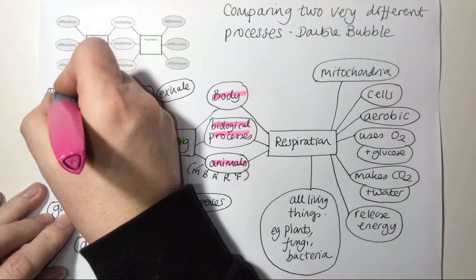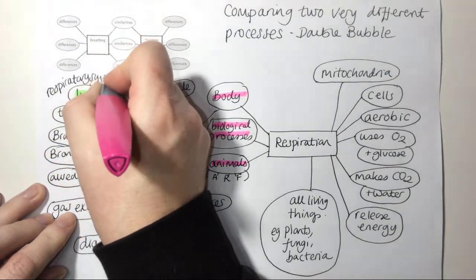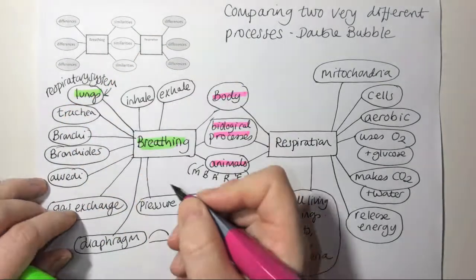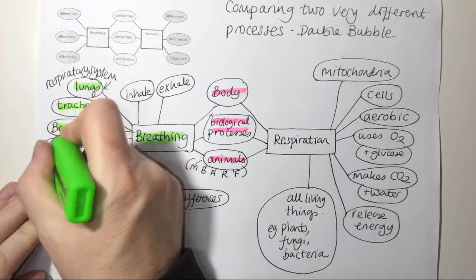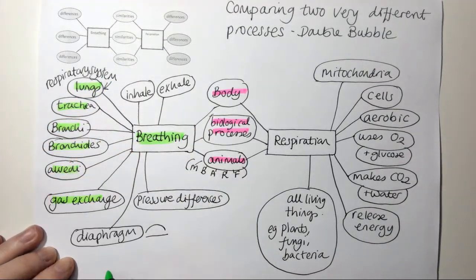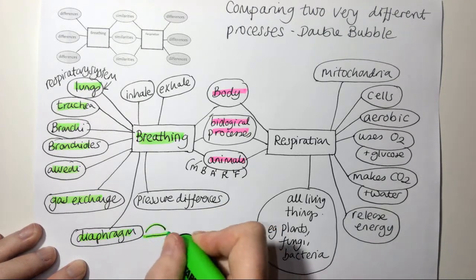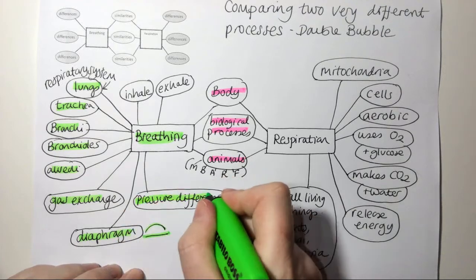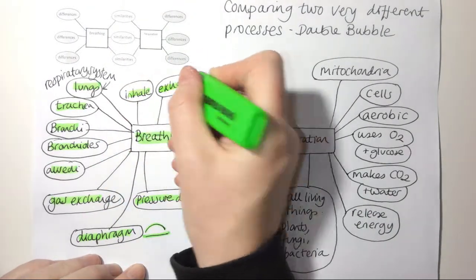I'll write this here. So all of that is to do with the respiratory system. The lungs, the trachea, the bronchi, the bronchioles, the alveoli. The gas exchange that happens in the alveoli, the diaphragm going from dome shape to flat shape, causing pressure differences, causing air to come in and air to go out.